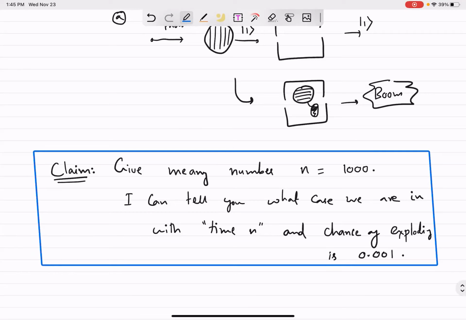I'll tell you what case we are in with 100% certainty after this many times, but the chance of exploding is very tiny. Okay, and we'll see how to do this in the next lecture. But I encourage you to think about it because it's very counterintuitive, right? So we are in with a very high degree of certainty.